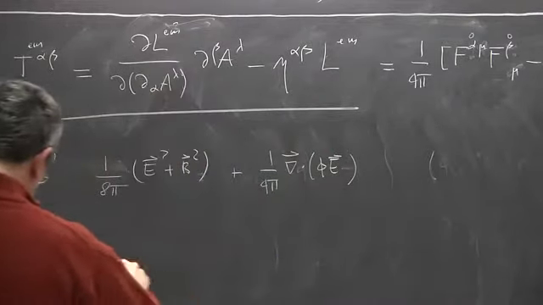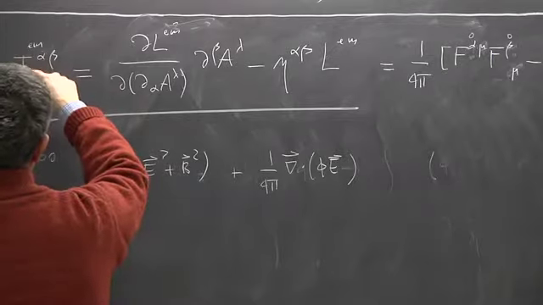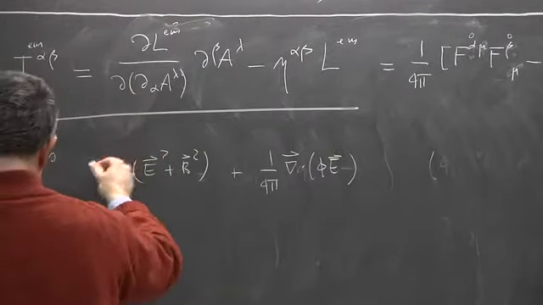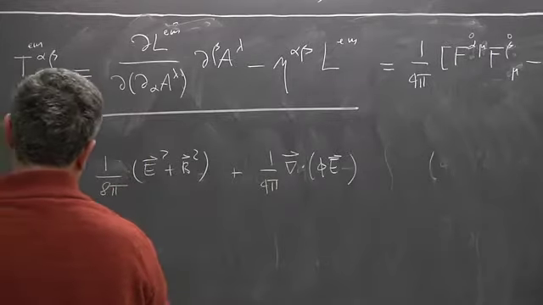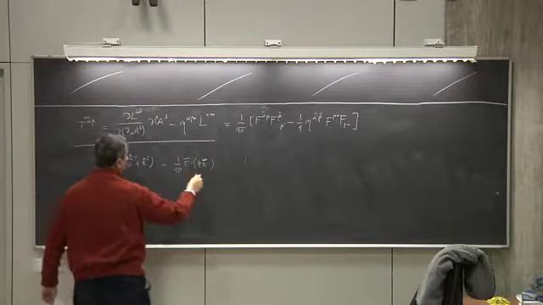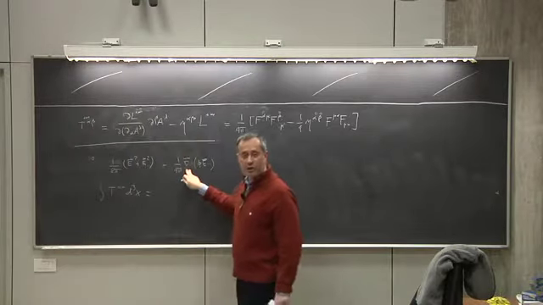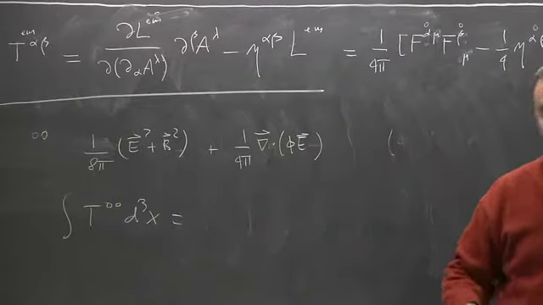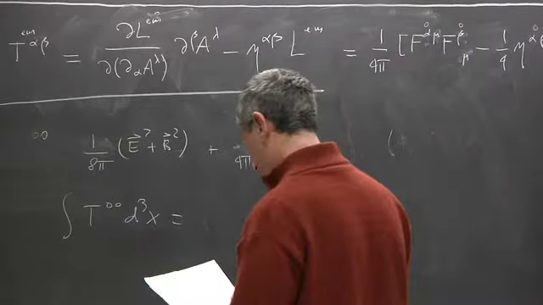This is an energy momentum tensor density. If you take the volume integral of the T00 component, the derivative term is a total derivative, so it gives no contribution to the integration.